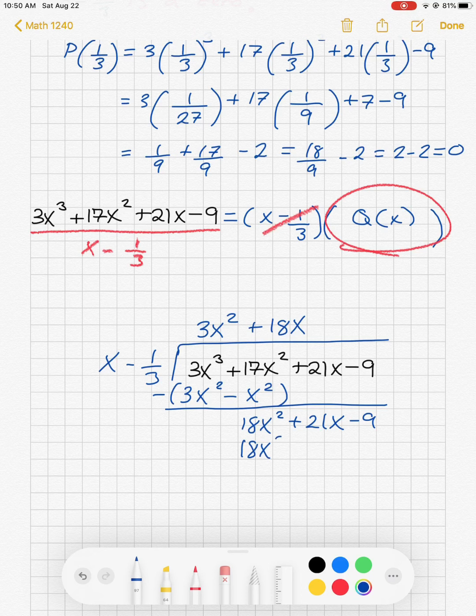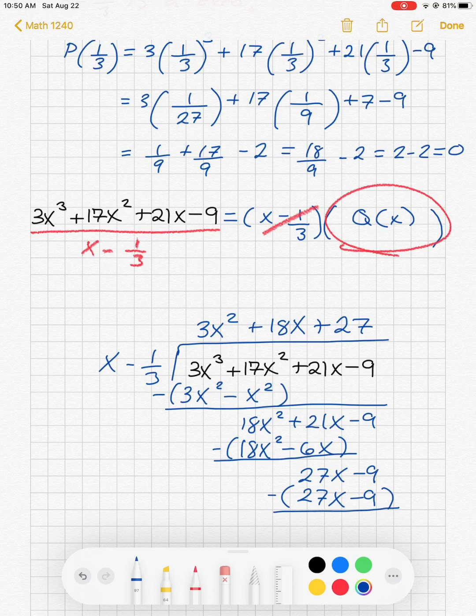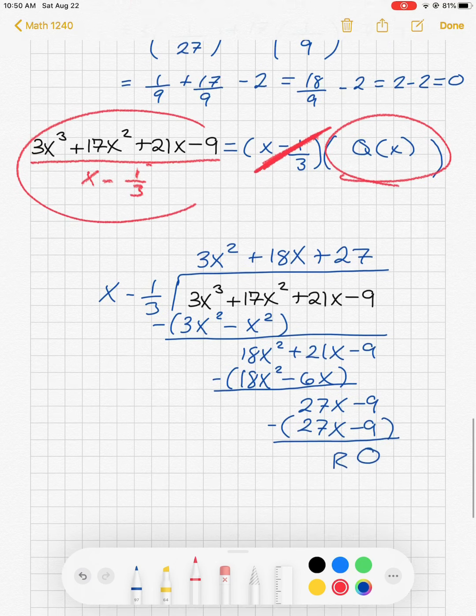Multiply down. Subtract. Bring down. Repeat. Multiply down. And I better get a remainder of 0. If I've done everything correctly, which looks like I have, because again, this guy has to be a factor. So when I do this division, that remainder had better be 0.